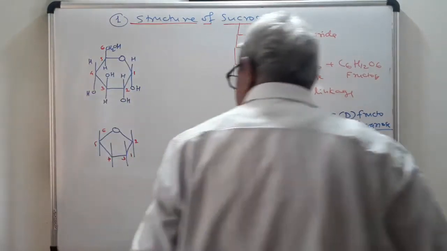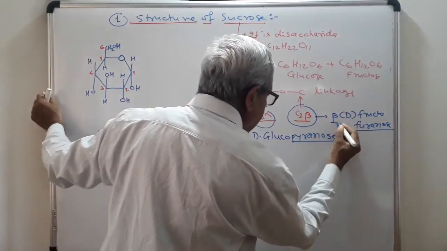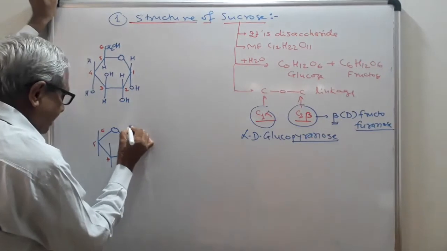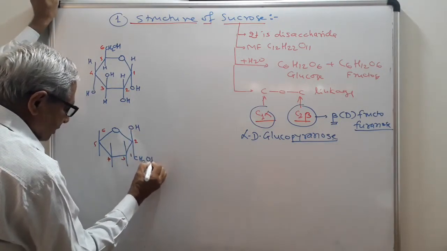Now see here, I will explain. This is a beta. This beta indicates the OH group on the right hand side, above side, and then here is the CH2OH.